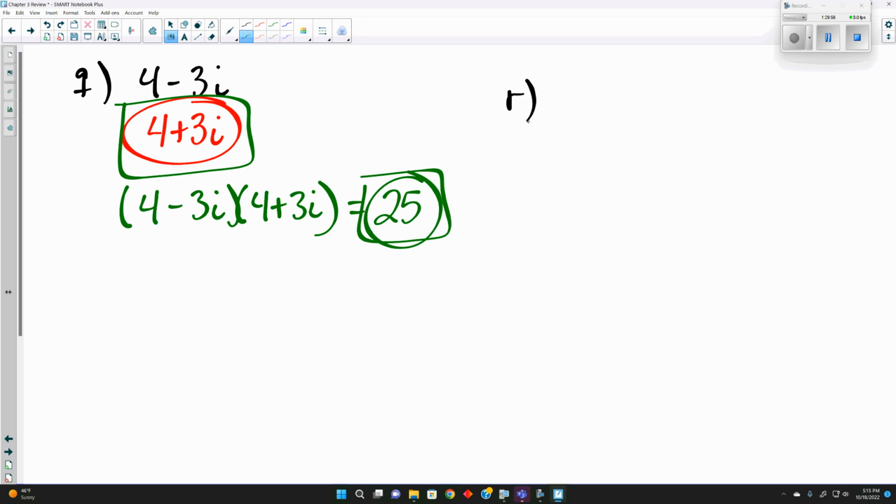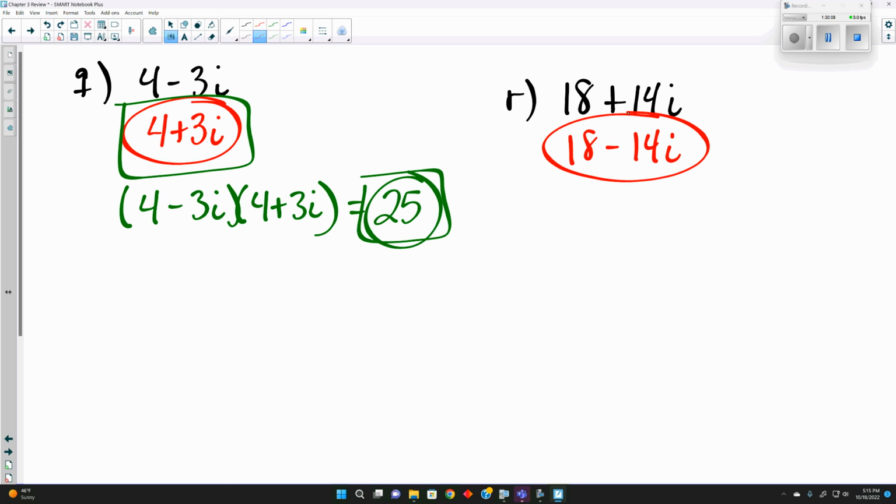So these here are our two answers for this part. So they give us 18 plus 14i. And again, it's conjugates, just changing the sign in front of i. So we get 18 minus 14i. And the next part, the other part of this, is to find their product. So we're going to multiply them together.